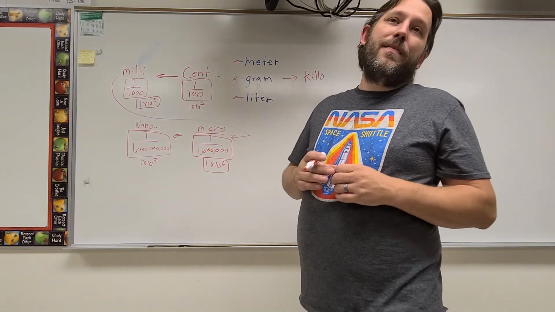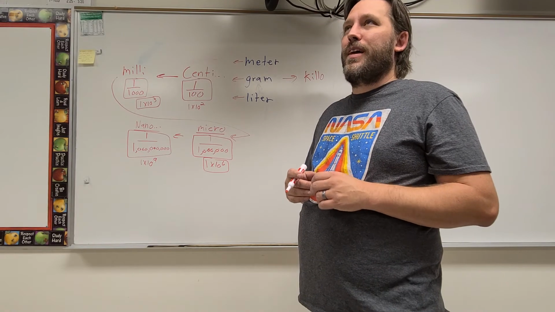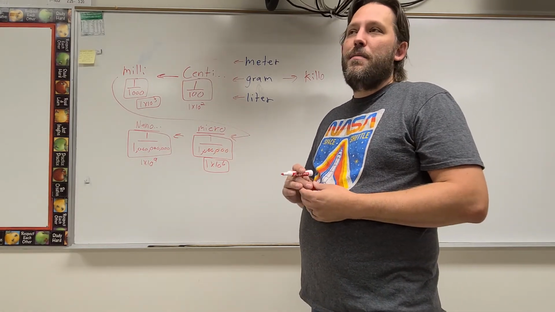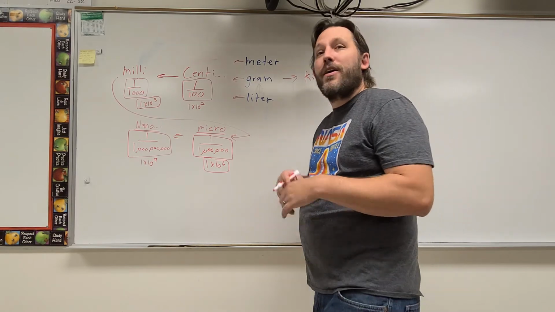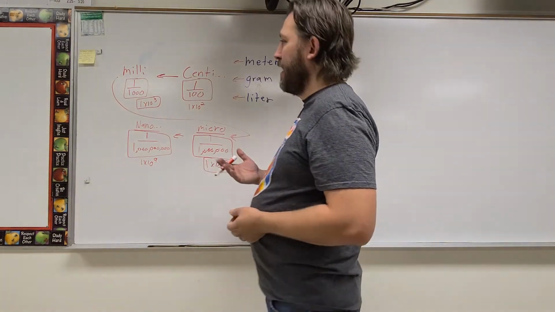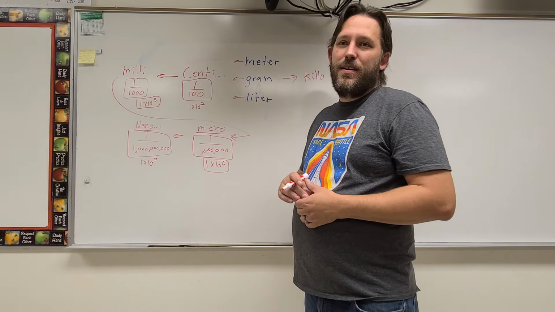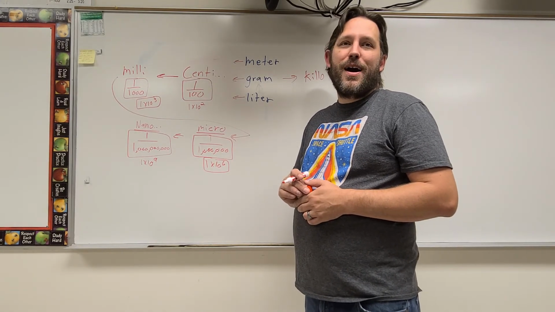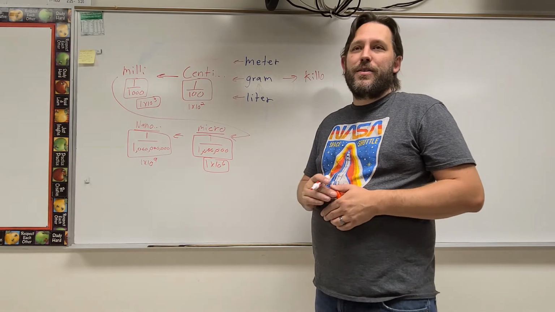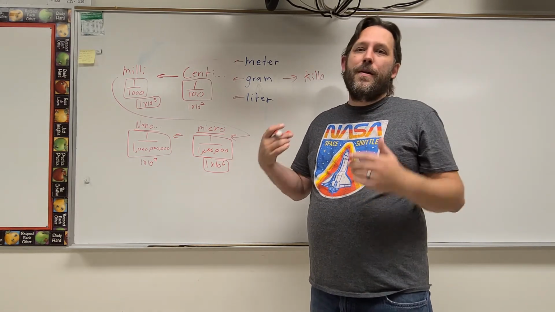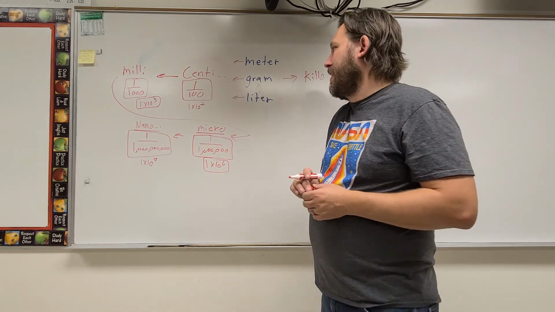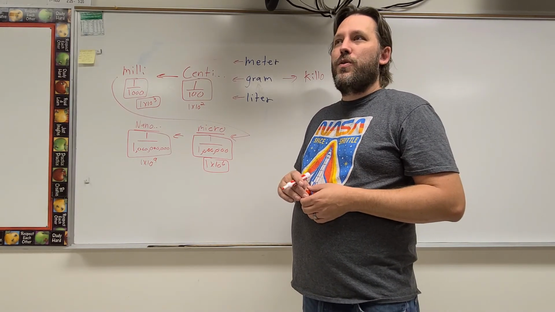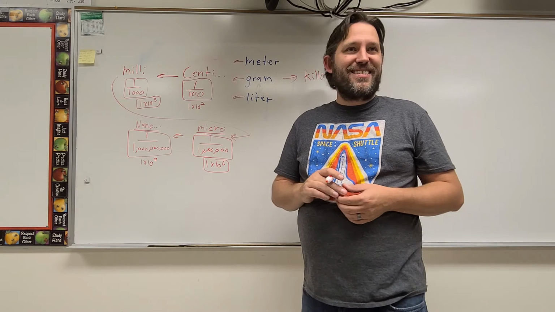Not only that, I like to drop things off buildings and I like to know how fast they're going, but it doesn't seem very realistic to most American students. If I say it fell this many meters, or it was going this many kilometers per hour, it doesn't make as much sense. We like to use terms like miles per hour and feet per second. So sometimes I'll do a conversion like that for you, just so we're more comfortable with the answer.